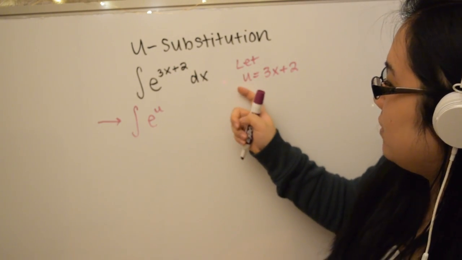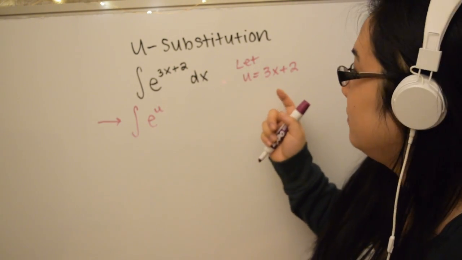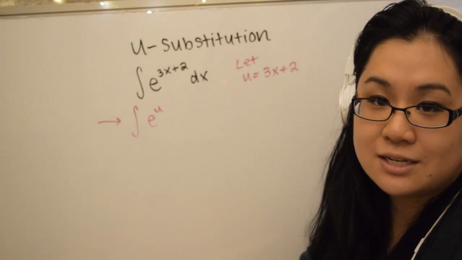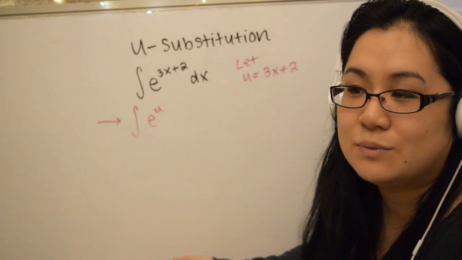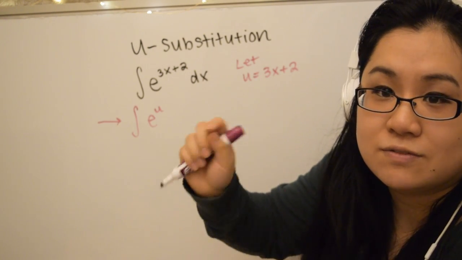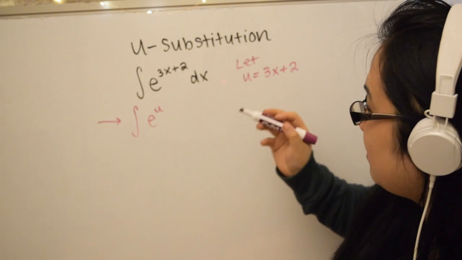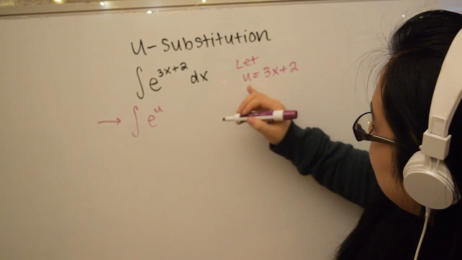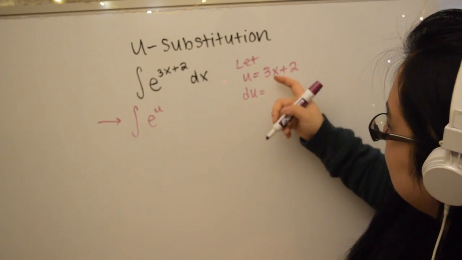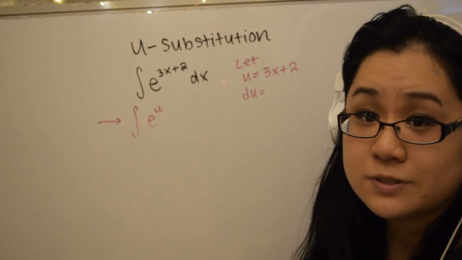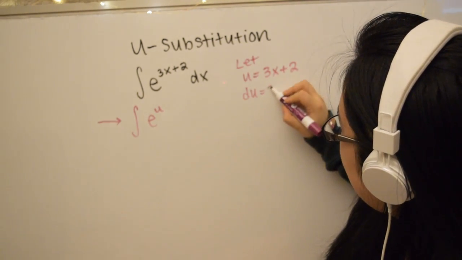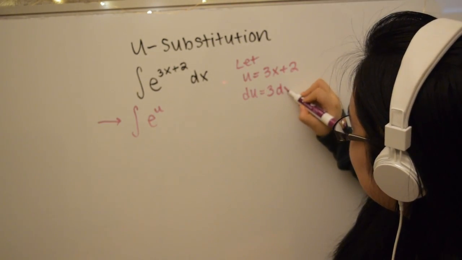So from this u equals 3x plus 2, we can calculate du, just like we did going from dv to v and u to du for integration by parts. Here, if u equals 3x plus 2, du equals the derivative of 3x plus 2, which is 3 dx.